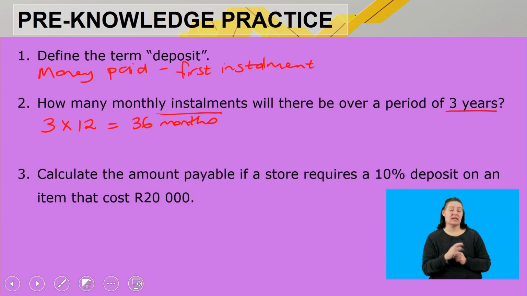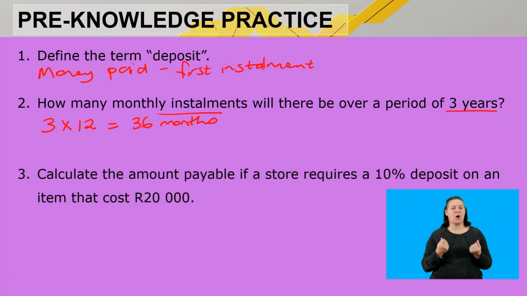Okay, let's look at another question. Question number 3: calculate the amount payable if a store requires a 10% deposit on an item that costs 20,000 Rand. I hope you have your calculators ready. In this case, the deposit is 10%, so I need to calculate 10%. So I say 10 over 100.